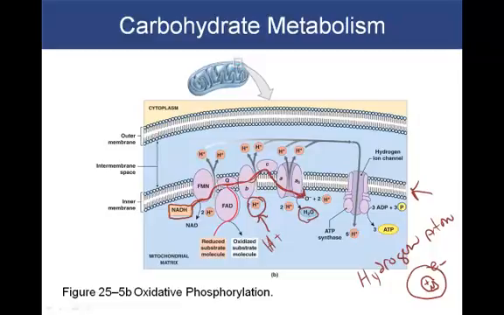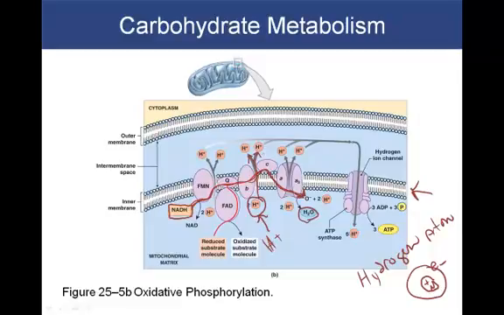Okay, so that's what happens ultimately with that electron. The hydrogen ions that are lost early in this process are going to be pumped across the inner membrane into the intermembrane space.